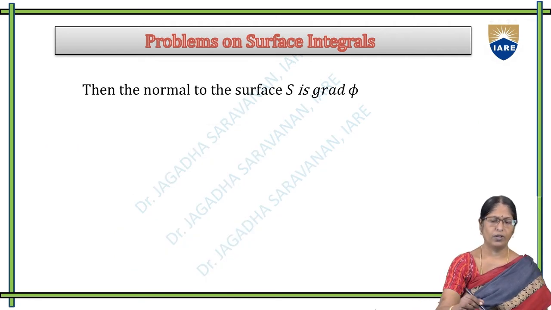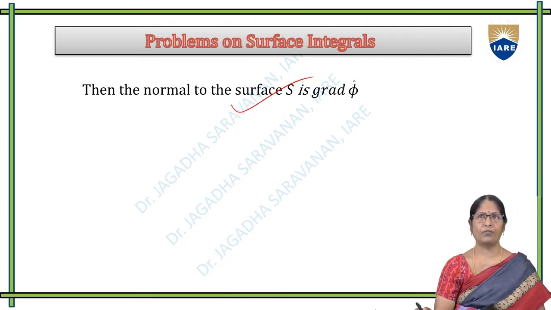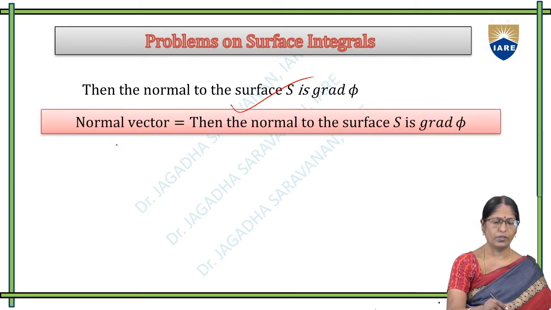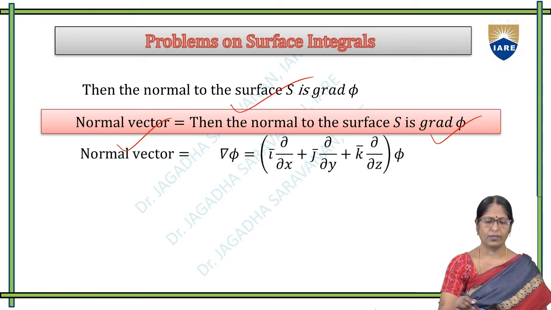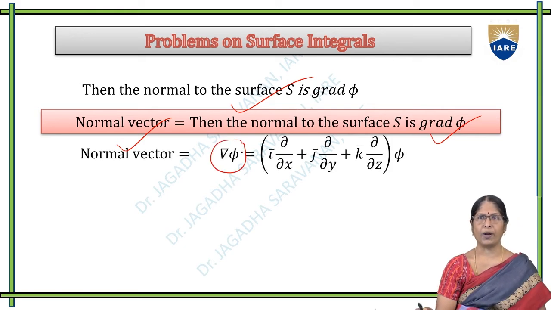Now the normal to our surface S is grad φ, that is, the gradient of φ. The normal vector, which is perpendicular to our surface, is the gradient of φ.